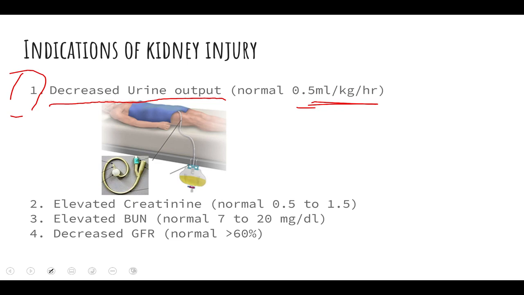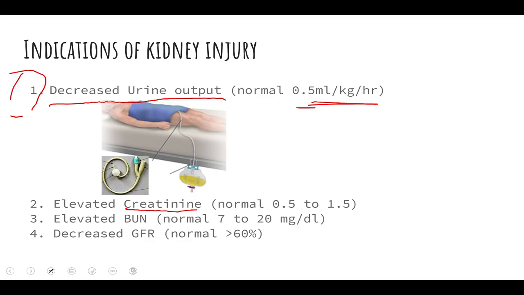On top of that, we look at their lab work. So we look at the creatinine, right? Creatinine is a breakdown product, which we get from either a muscle breakdown or from a breakdown of the protein that we consume. And our normal level is between 0.5 to 1.5.